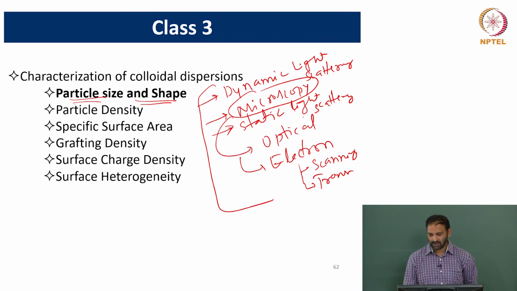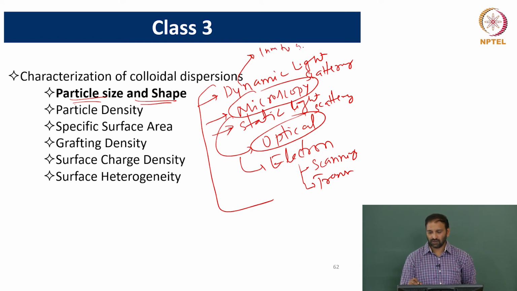If the particles are a few microns in size, then I would go for optical microscopy. For dynamic light scattering, if you look at the manufacturer specification, they say you can measure sizes from 1 nanometer to close to 8 to 10 micrometers.